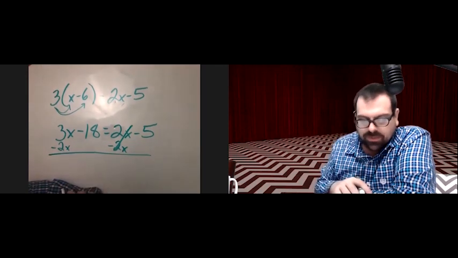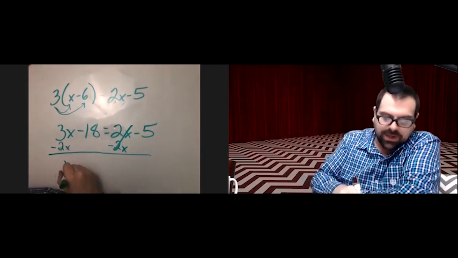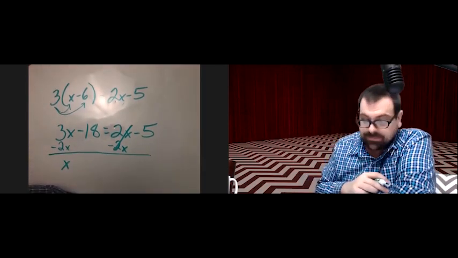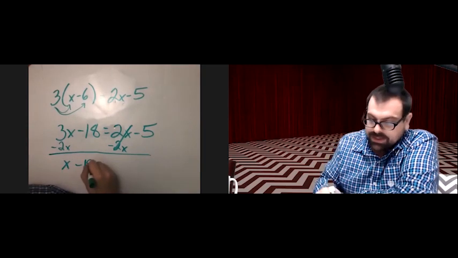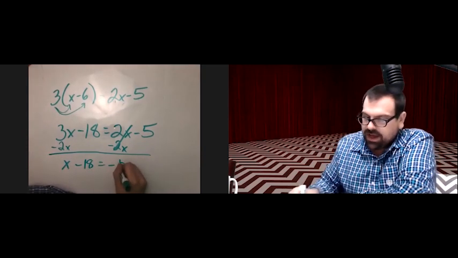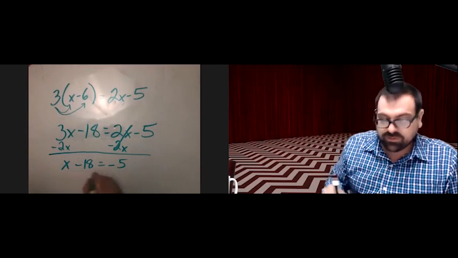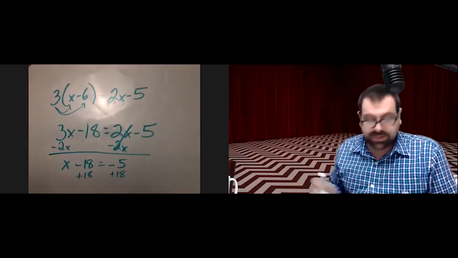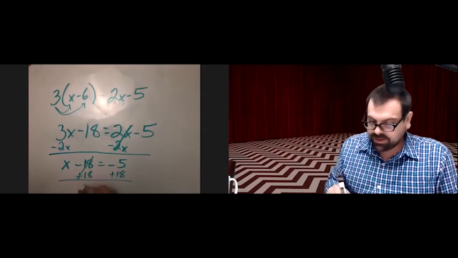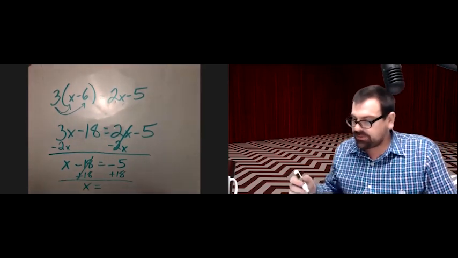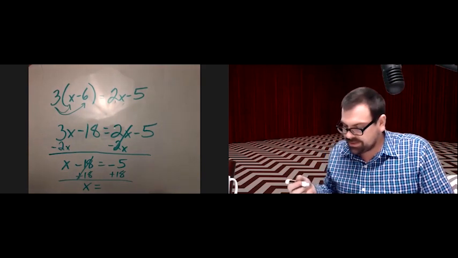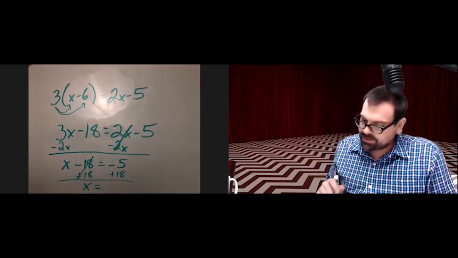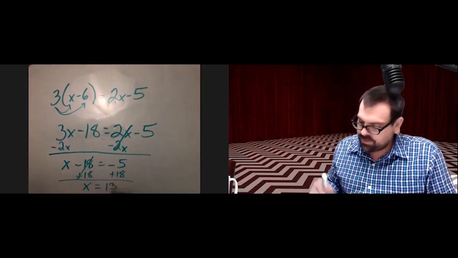It's gone from the right. 3x minus 2x is just a single x. Minus 18 equals negative 5. We're going to go ahead and get rid of minus 18 with plus 18 on both sides, leaving us just with x on the left. Negative 5 plus 18, that is going to be positive 13.